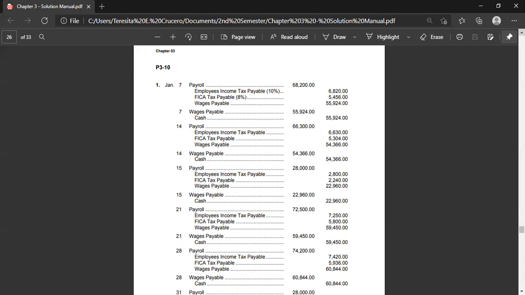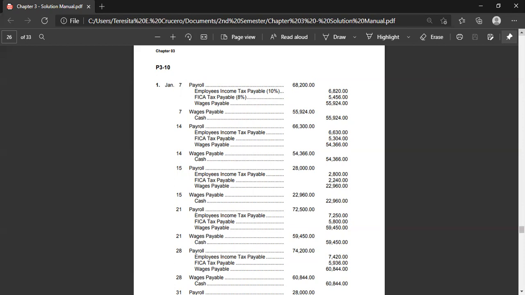So credit employees income tax payable 6,820. Credit FICA tax payable at the rate of 8%. That's given rate. And so the balance goes to wages payable. Now, payment of wages payable, and finally, credit to cash.